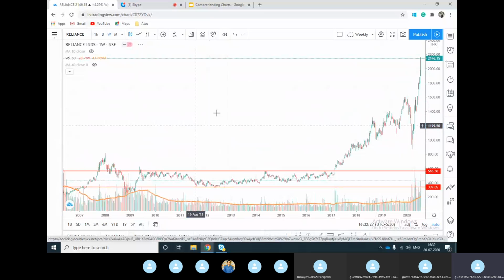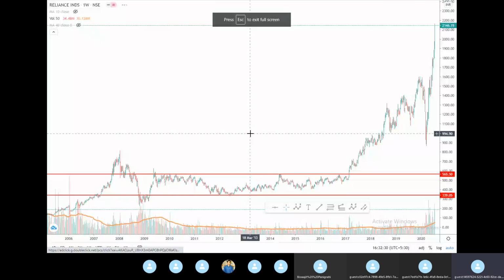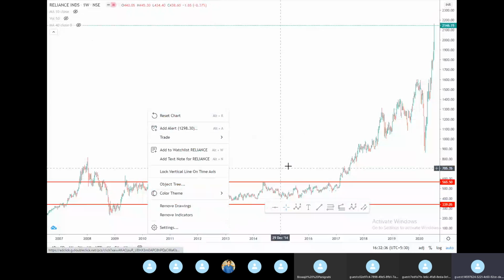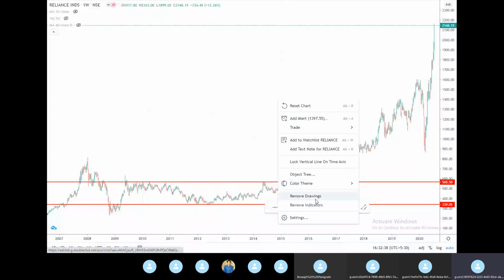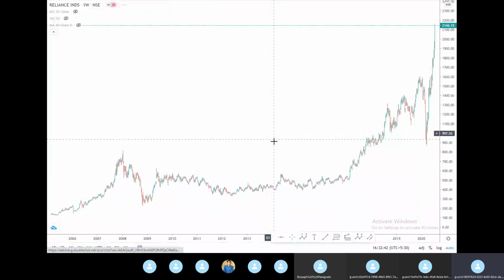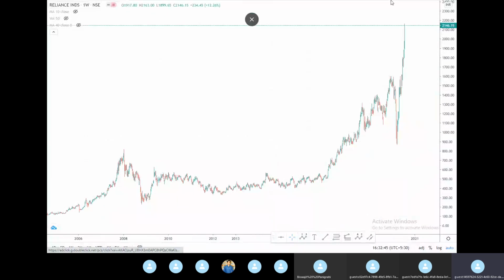Now, let me remove all the drawings. Can you identify what stage the market is in? This is a chart of Reliance Industries. Can we identify which one is stage 1, which one is stage 2, which one is stage 3, and which one is stage 4?